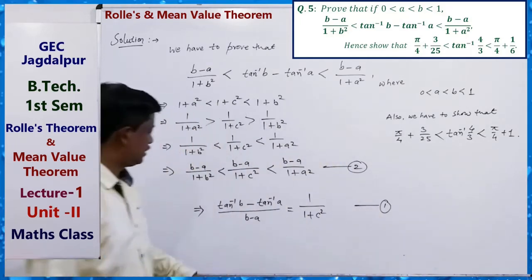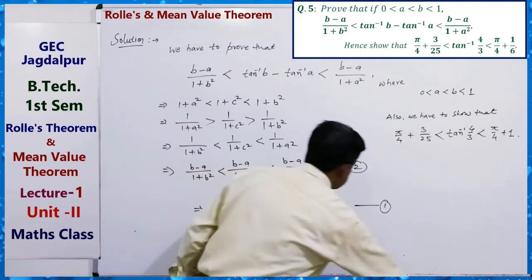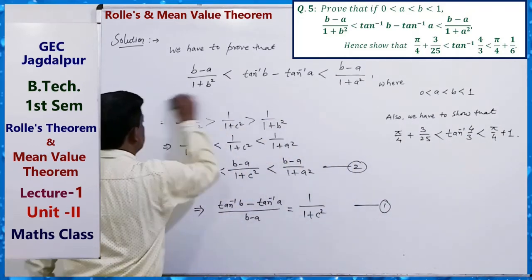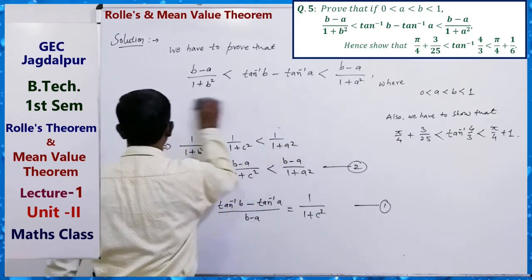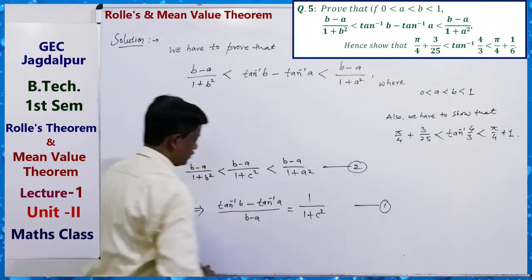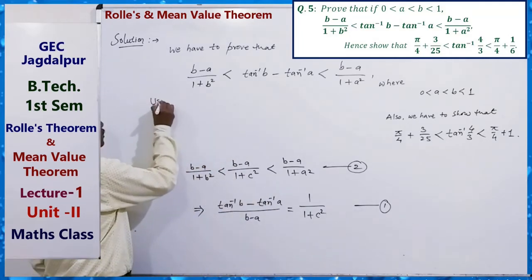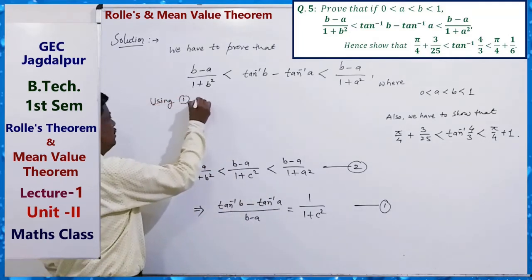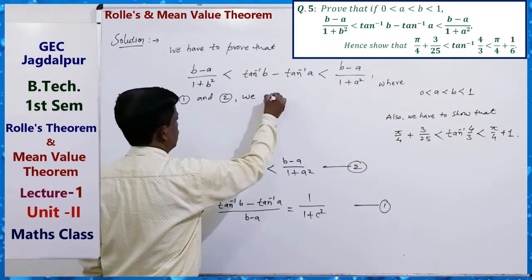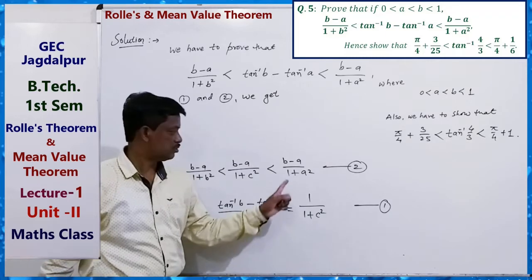Using 1 and 2, we get: equation 1 is this, equation 2 is this.